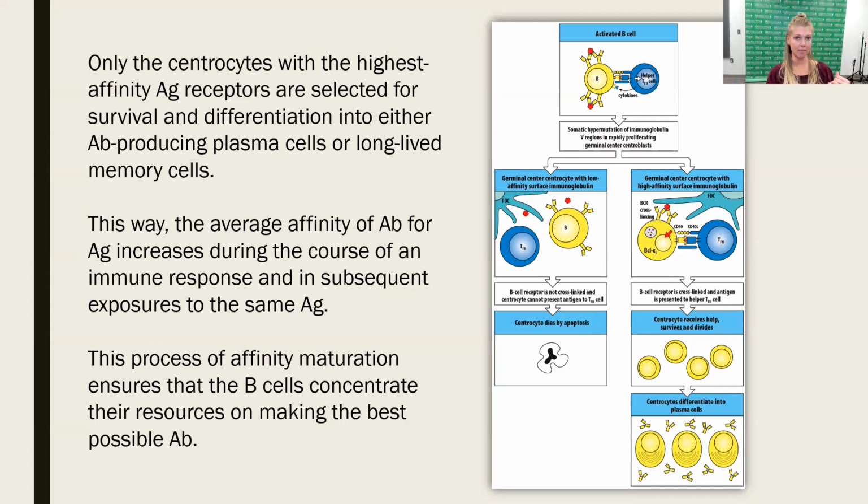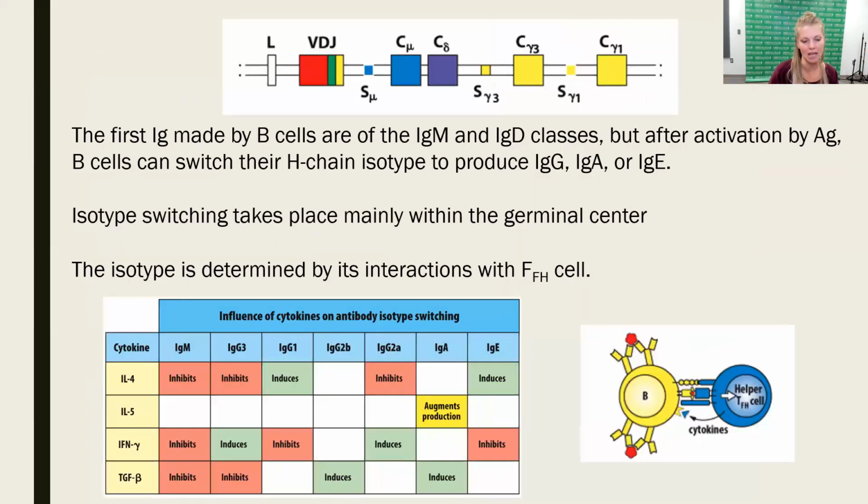So over time, because of affinity maturation, antibody is going to improve and improve and improve with time during an infection, but also with each subsequent infection. And so this process of affinity maturation makes sure that B cells concentrate on only making the best antibody. If a B cell doesn't make the best antibody, it doesn't get to survive. And so energy is focused only on those B cells that make the best possible antibody, and they're selected to be plasma cells and differentiate.